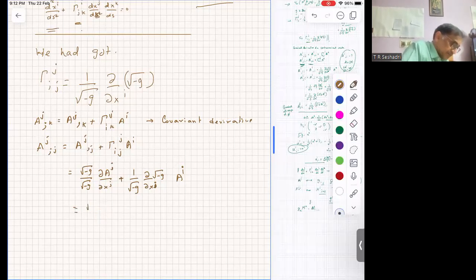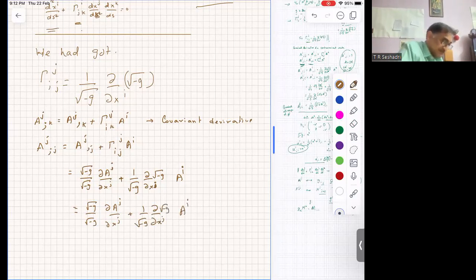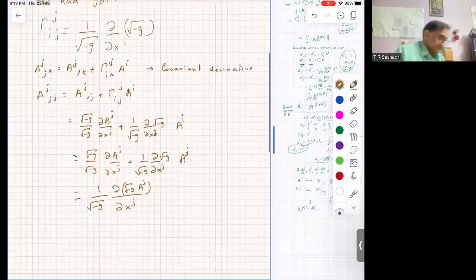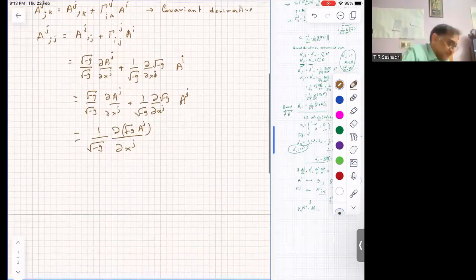So this is equal to square root of minus g by square root of minus g del A^j by del x^j plus 1 by square root of minus g del by del x^j square root of minus g A^j. And so I write this as 1 by square root of minus g del by del x^j square root of minus g A^j. All right. So this is the expression for divergence.